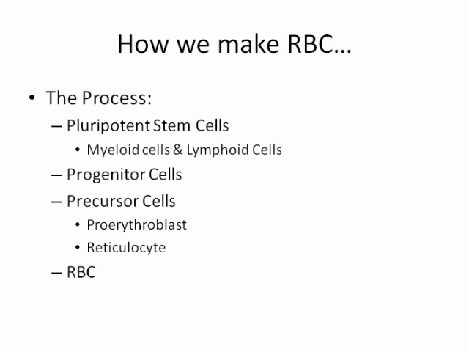Myeloid cells that are going to continue along the journey of becoming red blood cells will divide and become progenitor cells. So we're going from the myeloid cells to progenitor cells.